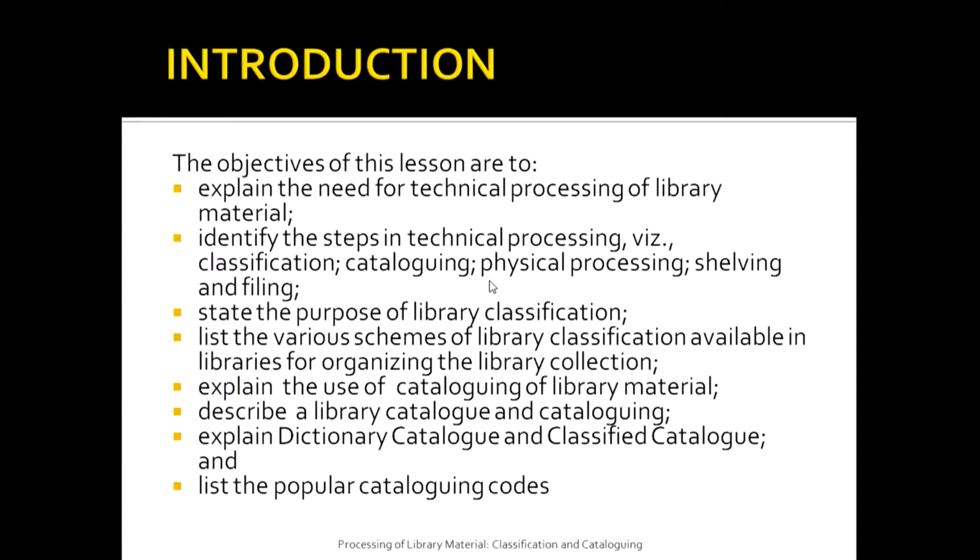Thirdly, state the purpose of library classification. Besides this, we will try to list the various schemes of library classification that are available in present libraries for organizing the library collection. We will also explain to you the use of cataloging of library material.